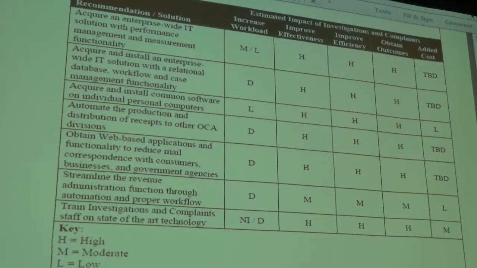So if we look at the acquisition of information technology with respect to relational databases, workflow, and case management functionality, that's going to have a decrease in workload. The reason is that you're going to minimize the processing time associated with inputting data into databases, including collecting data and so forth. It's going to have a high impact on program effectiveness, a high impact on efficiency, and a high impact on outcomes. Again, the cost is to be determined.